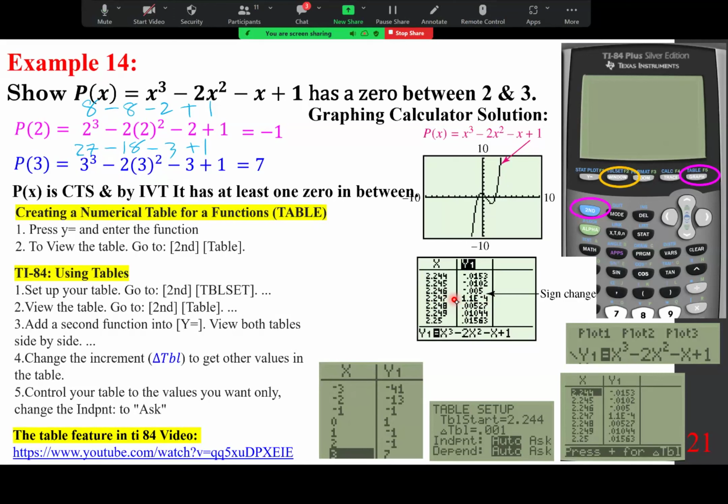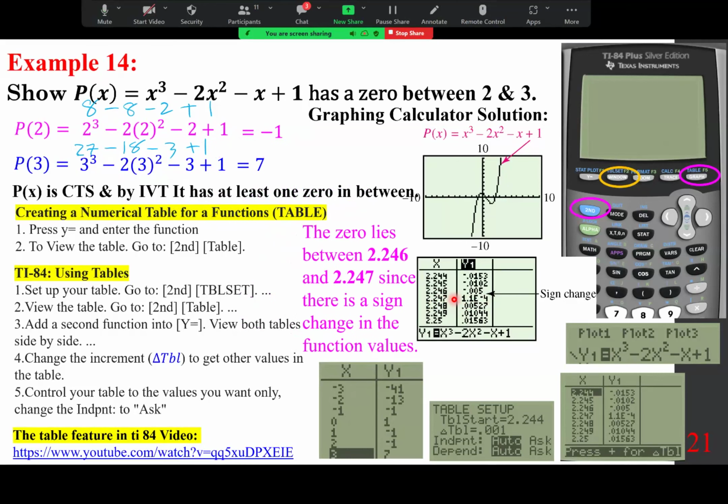Therefore, the 0 lies between these two numbers, 2.246 and 2.247, since there's a sign change in the function values. Why did we pick those numbers? I'm doing it on purpose to make a point: how to use a table, how to create a numerical table, and how to use the table function using a graphing calculator.